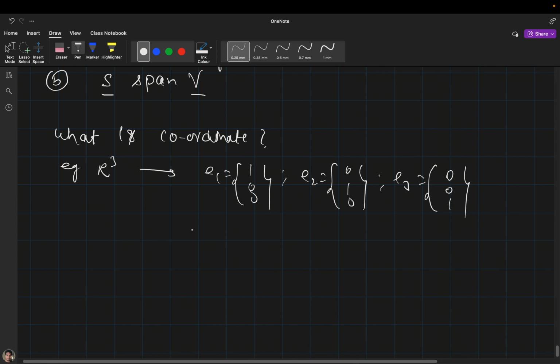Now someone asked, will I get the vector 3 2 1 from this basis? Since these three are linearly independent, I can get this vector by some linear combination of these three. Yes, sir. So yes, I can write it like this.